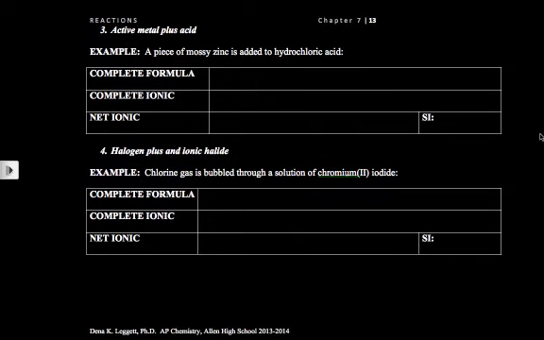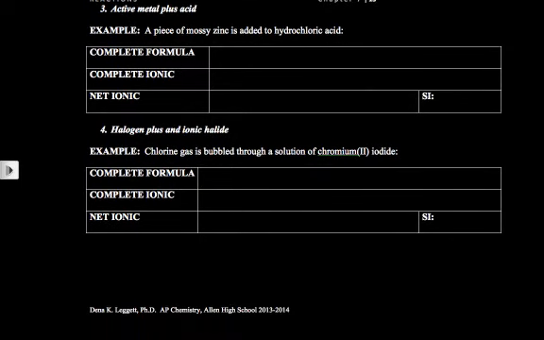That was with water. Let's look at an active metal plus acid. And this is an example of the reaction that we saw earlier that we were predicting activity based on. So we have mossy zinc. You've seen mossy zinc. You'll see it more. If it's pure zinc, it's a solid, oxidation number of 0.